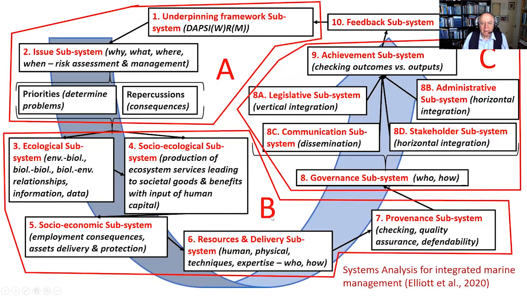So all of this has been published, even the more detailed systems analysis approach that we've got, where, as you'll see very quickly in here, where are the priorities, what are the repercussions of what we're doing, what are the issues in our areas, and then moving through how do we get the data, both the ecological and the socio-ecological and socio-economic data to look at these problems. And then how do we solve the problems using legislation and administration and so on.